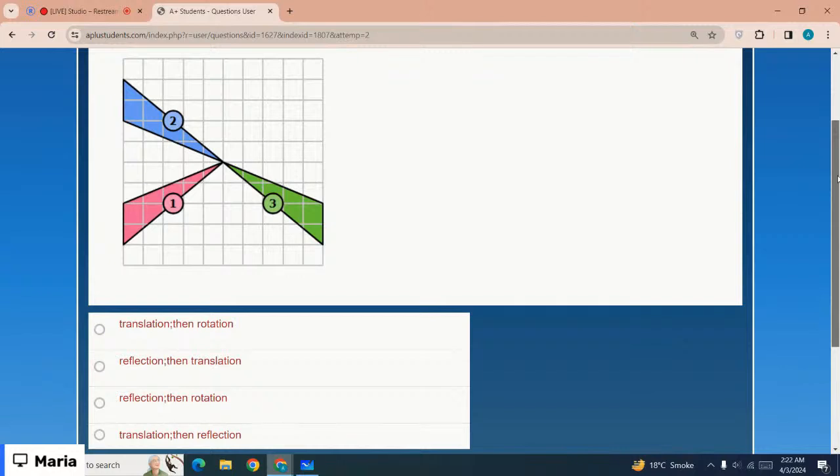From 1 to 2, you can see one of the corners is fixed. So from 1 to 2, that is a reflection, right?